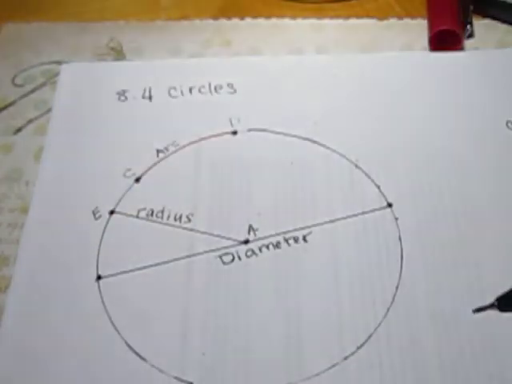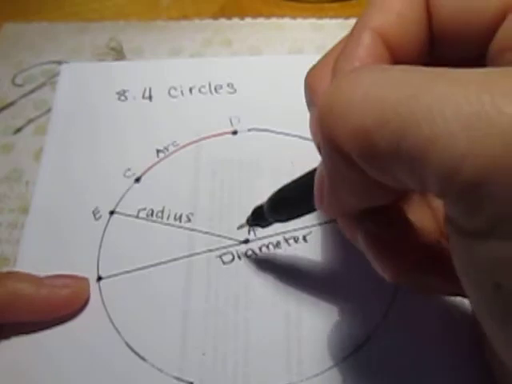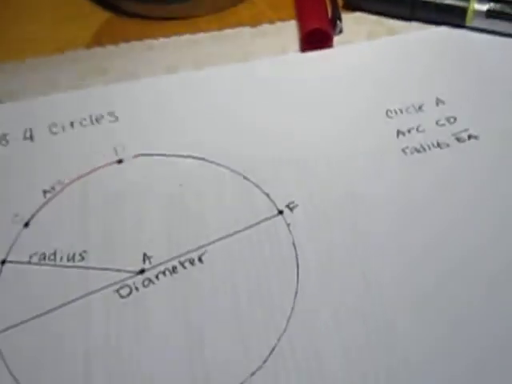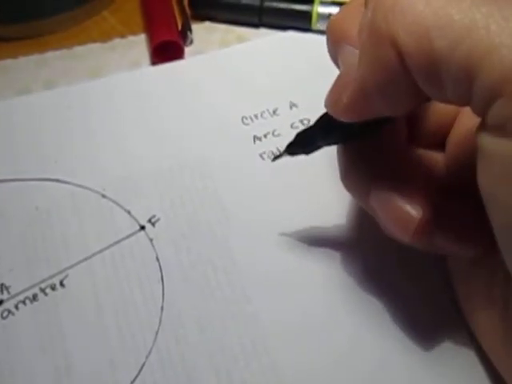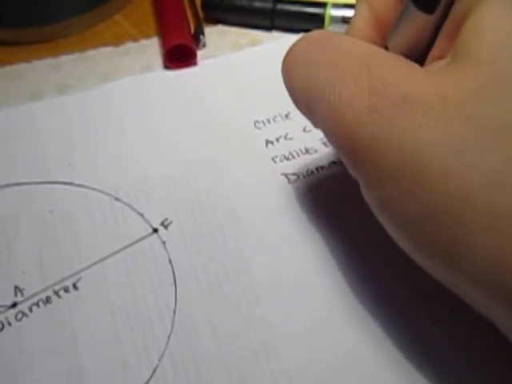Now let me go back and label this. Let's see what we haven't used. B and F. So then we could name this diameter BF.